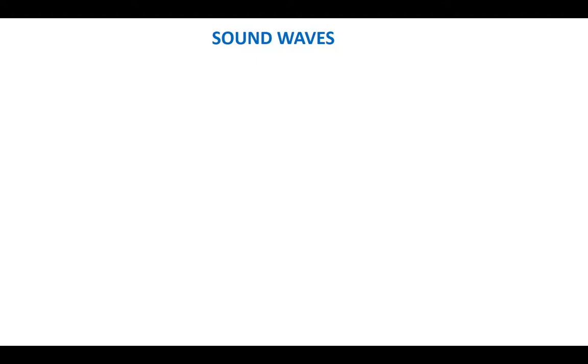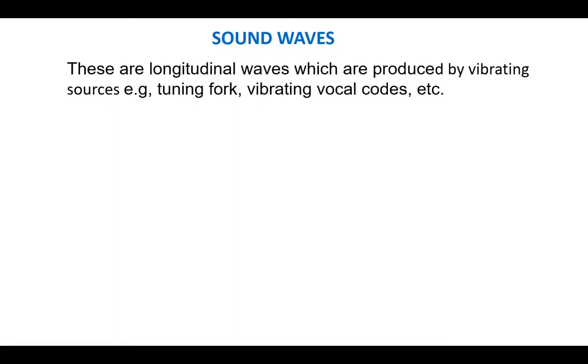This is the reason why we define sound as a longitudinal wave which is produced by a vibrating source, in short. If something is to produce sound, there has to be a vibrating source somewhere.